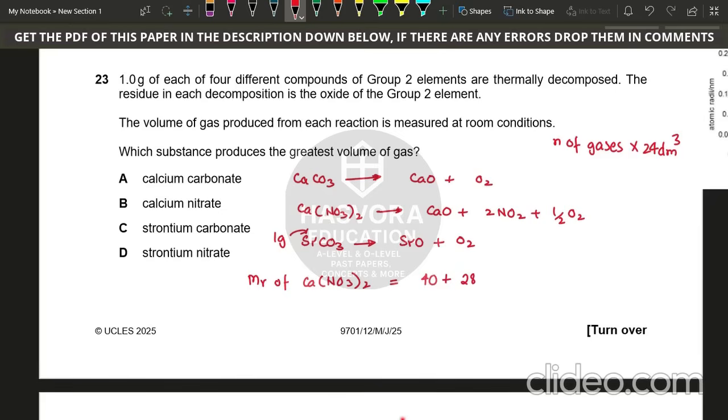So it is 16 into 3, so 48 into 2, let's see what it is. 48 into 2 is 96, so it will be plus 96. Let's see what the MR of the whole compound is. So 40 plus 28 plus 96 is 164. Okay, so 164 grams. Let's see the moles of this compound. So it is 1 gram divided by 164. Okay, mass over MR, so it is 1 divided by 164, which is 0.006097.